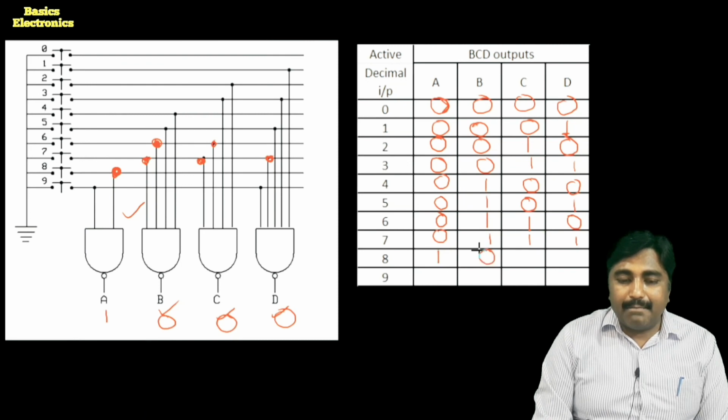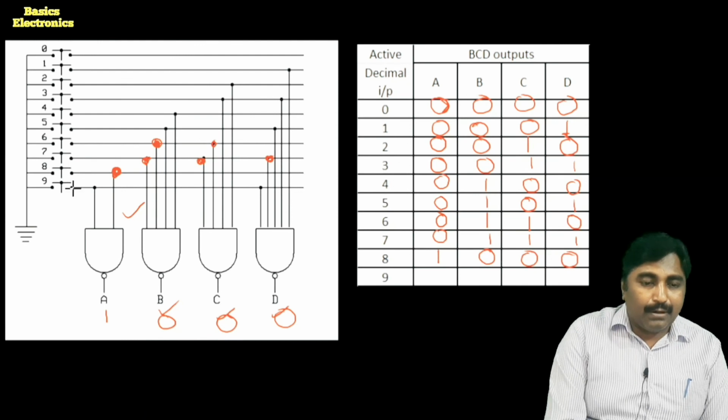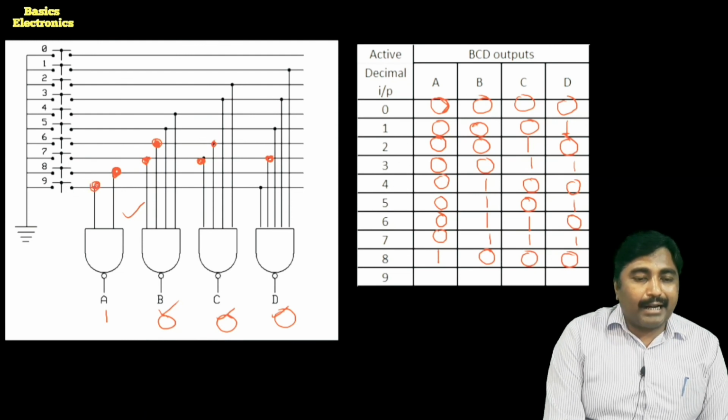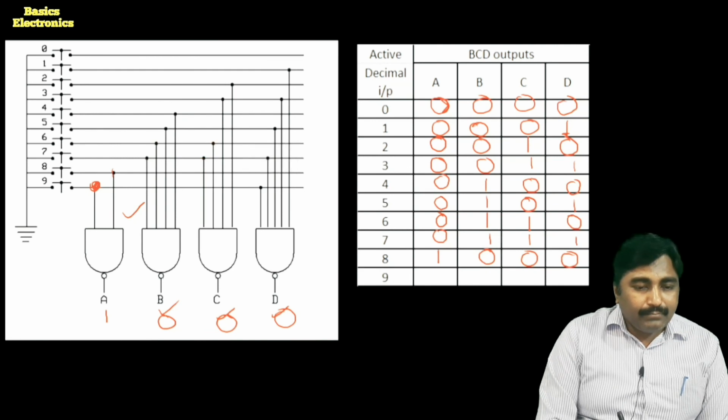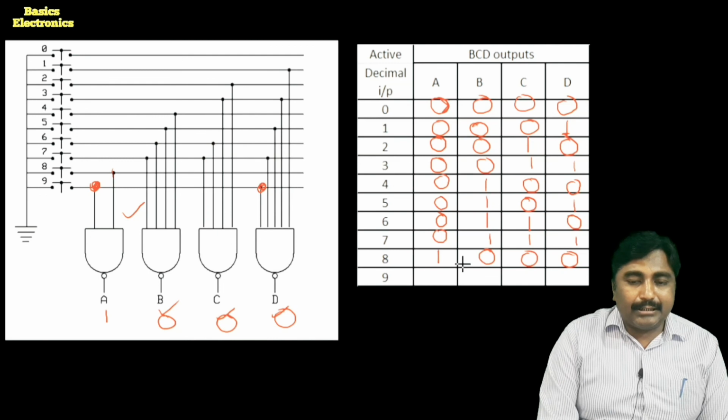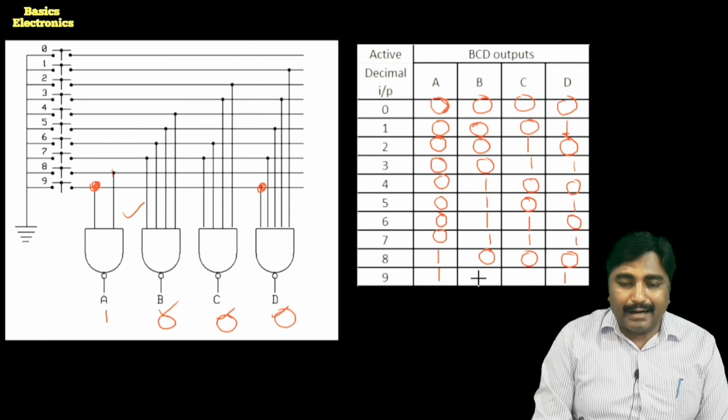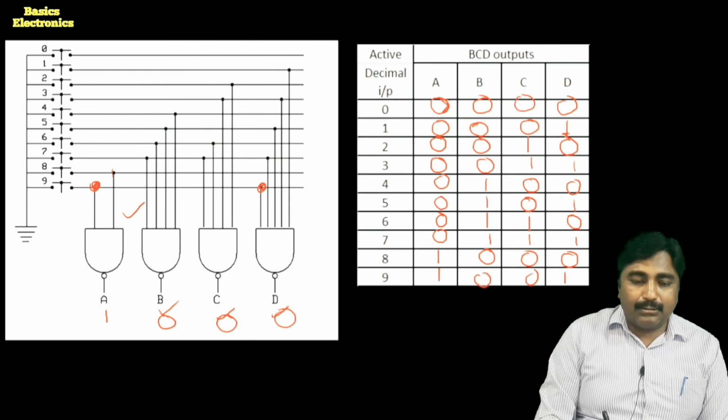So here the MSB is equal to 1 and all remaining bits are equal to 0. If we press switch number 9, where is it connected? It is connected to the first gate and the last gate here. So the outputs of these two gates are equal to 1 and the remaining outputs are 0, 0.